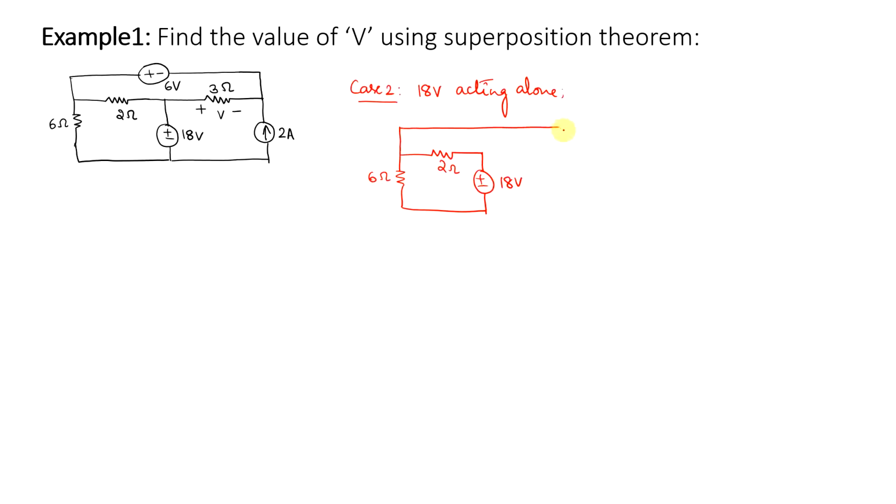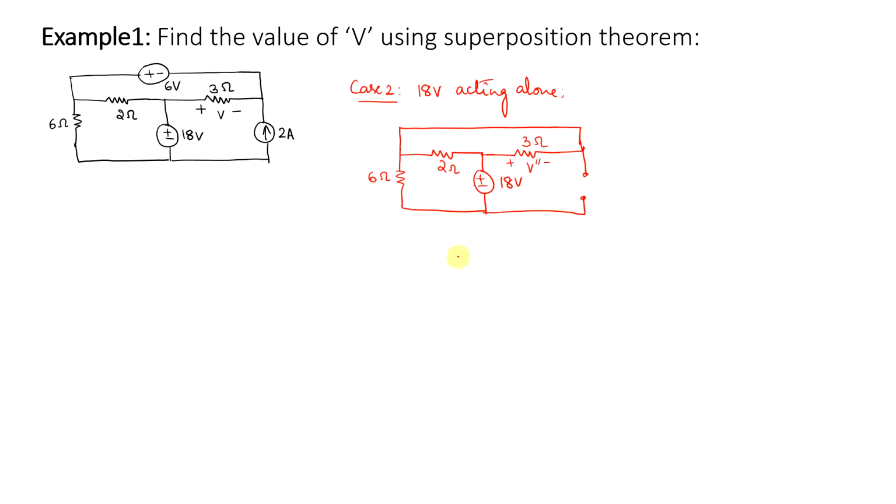Then I have resistance 3 ohms plus minus. Current source will now be considered as an open circuit, right? Now this voltage V, I will name it little differently as V double dash, just because I need to differentiate this, right? So this will be V double dash.